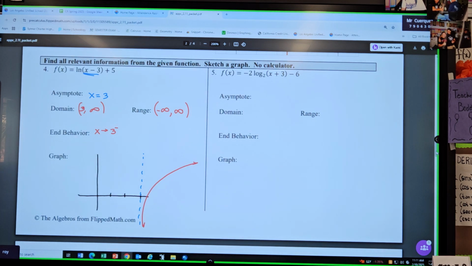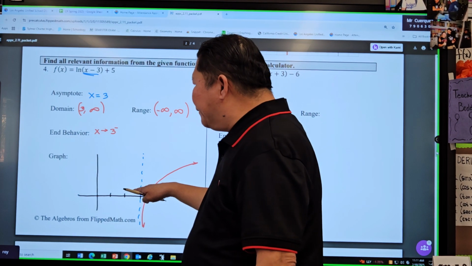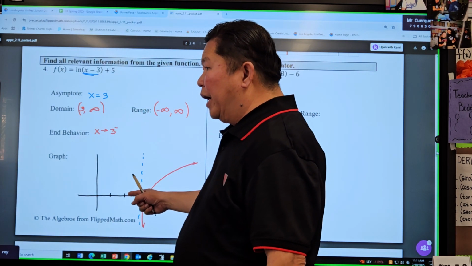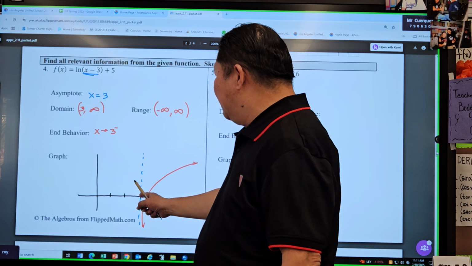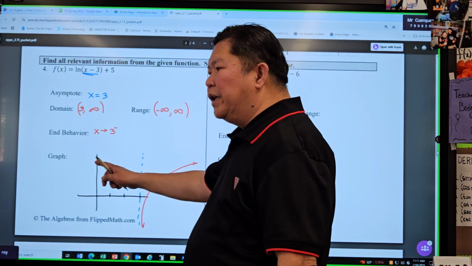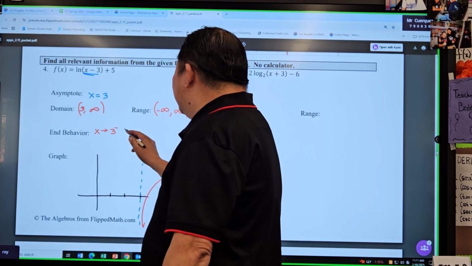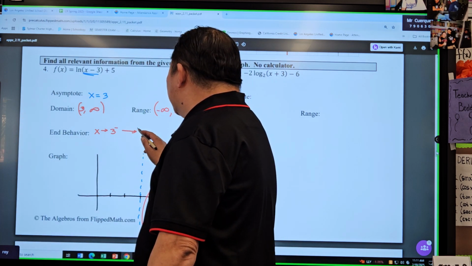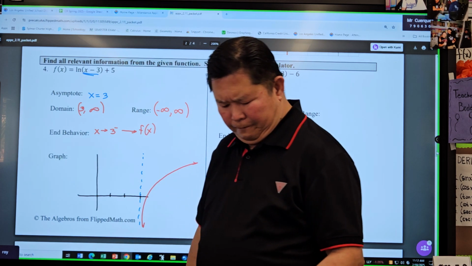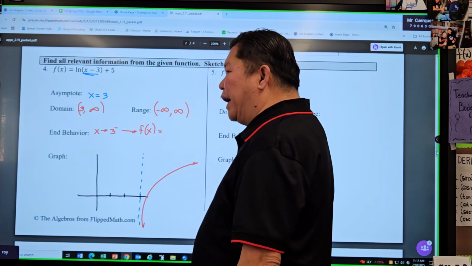Left of 3, meaning we are considering the domain left of 3, which are the numbers 2, 1, 0, negative numbers, and so on. That means the function f of x is going to be negative infinity.